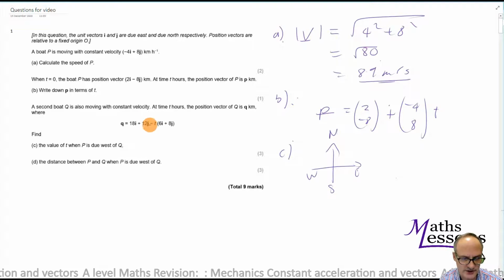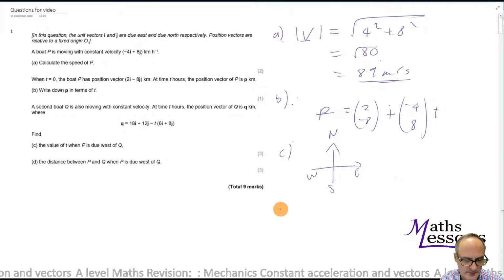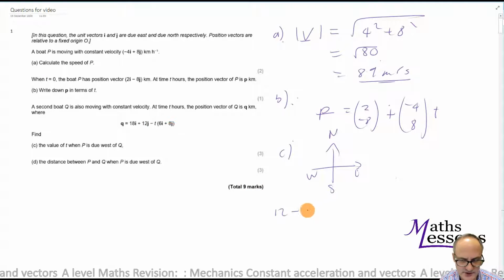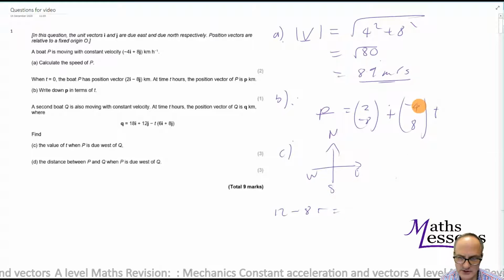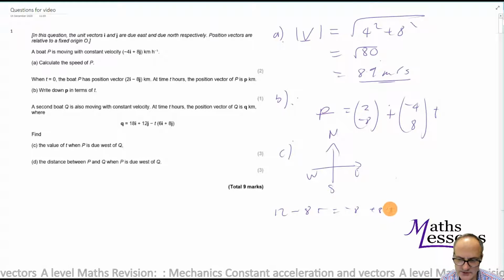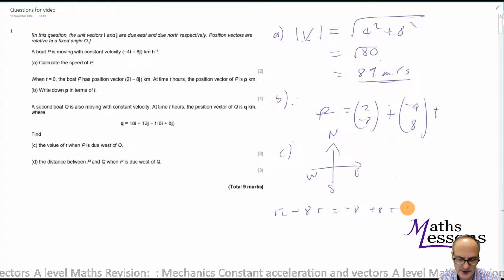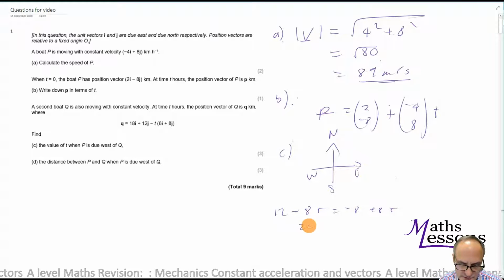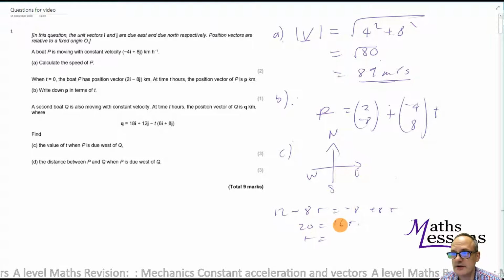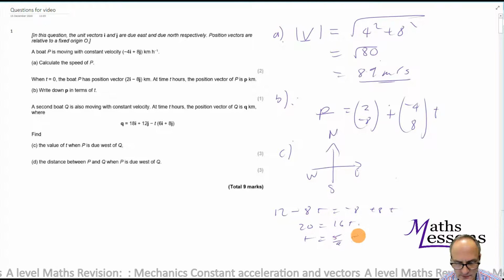Therefore 12 minus 8t will equal minus 8 plus 8t. And therefore we get 20 equals 16t, so t will equal 5/4 hours.